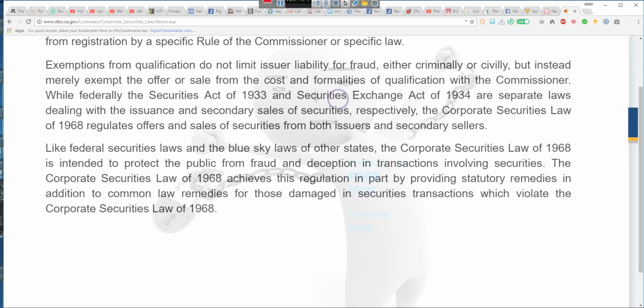Like federal securities laws and the blue sky laws of other states, the Corporate Securities Law of 1968 is intended to protect the public from fraud and deception in transactions involving securities. The Corporate Securities Law of 1968 achieves this regulation in part by providing statutory remedies in addition to common law remedies for those damaged in securities transactions which violate the Corporate Securities Law of 1968. 2018 State of California.